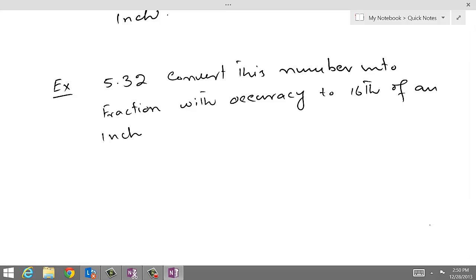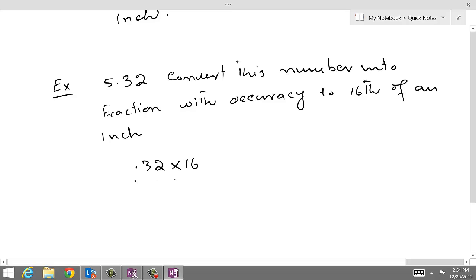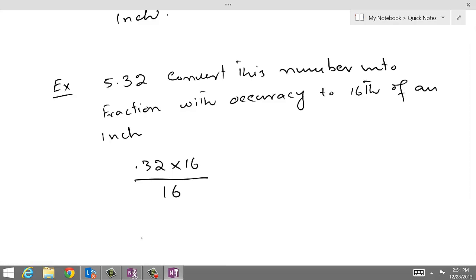For this purpose, if we want to convert 5.32 in inches with accuracy to the 16th of an inch, then this is what we should do. We should take the decimal part 0.32 and multiply it with 16 and then divide it by 16. Now we are doing this because we want to convert it to inches with an accuracy level of 16th of an inch.